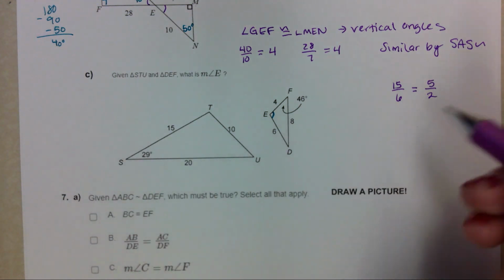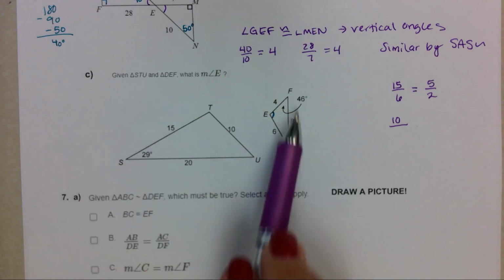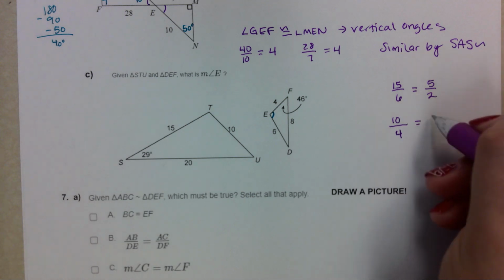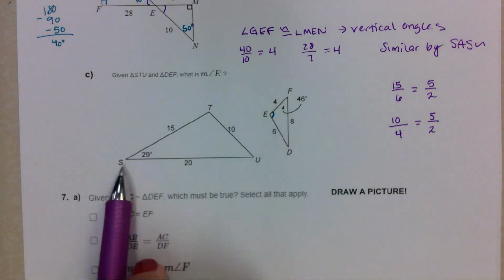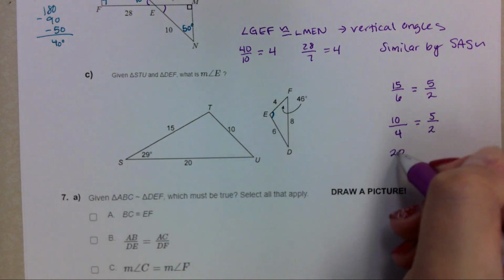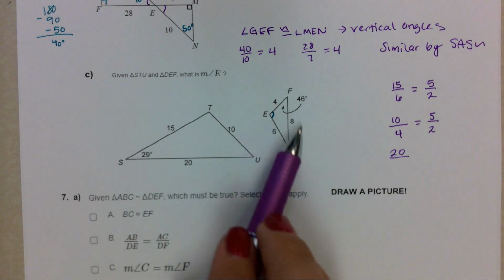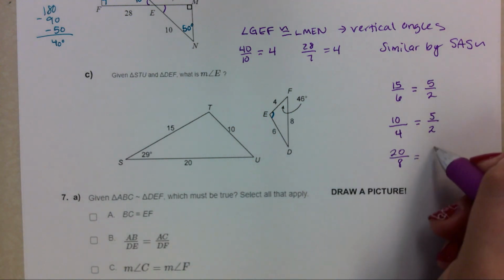TU is 10. That corresponds with EF, which is 4. Those are both divisible by 2, so we get 5/2. And then SU is 20, and that corresponds with DF, which is 8. Those are both divisible by 4, so we get 5/2.